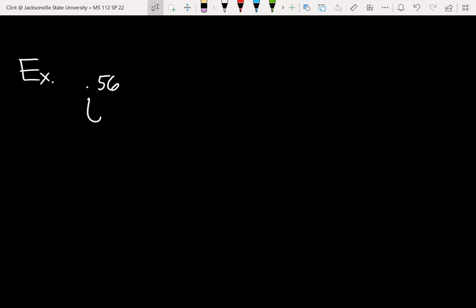i to the 56th power. So if I'm thinking about that, I know i squared is negative 1, I can use that. Because here, 56 is an even number. You can divide 56 by 2.